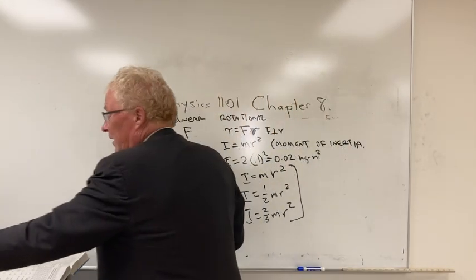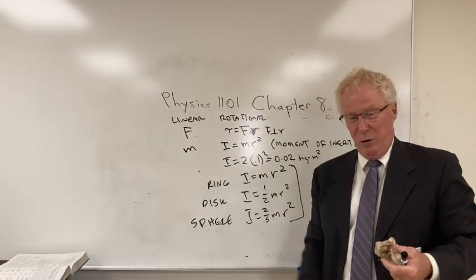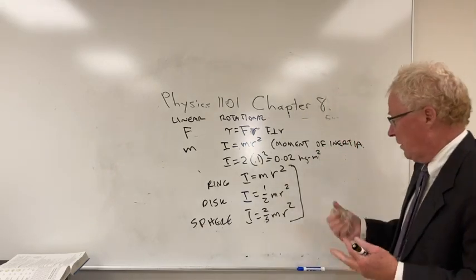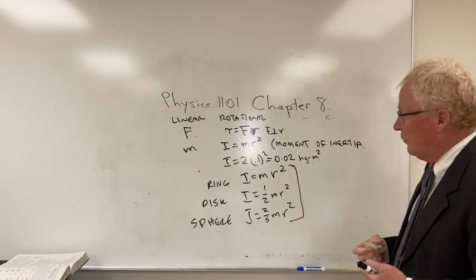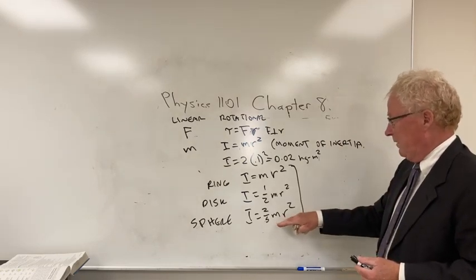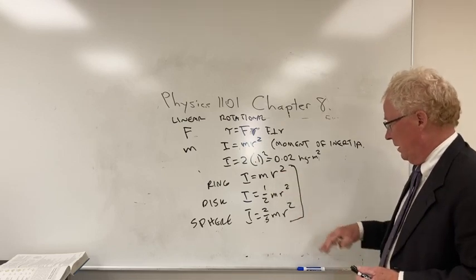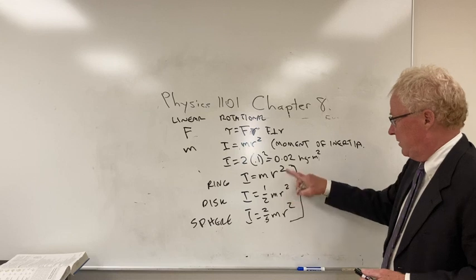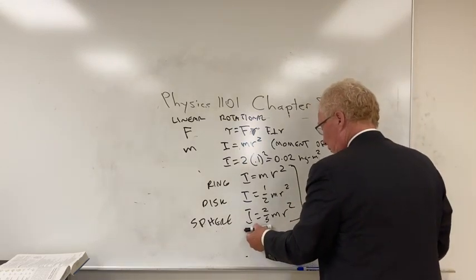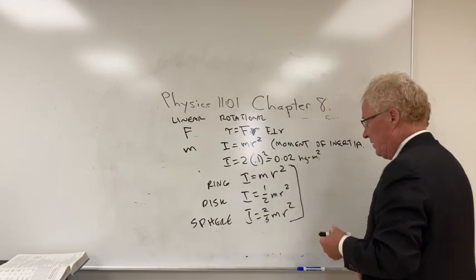But if you want it to be able to turn easy, like a bicycle wheel, you try to put as little weight on the outside as possible. So for the same radius and mass, the lowest moment of inertia would go first, then the next one, then the next one.